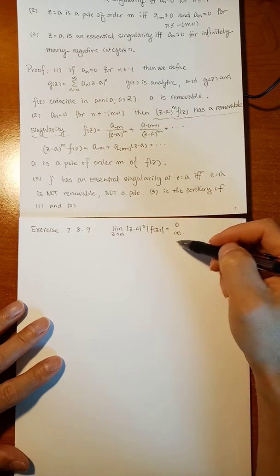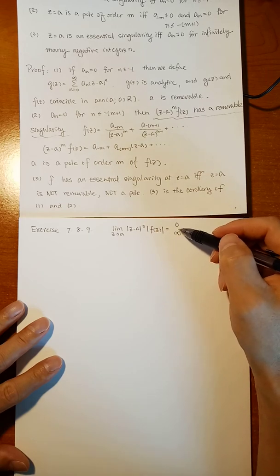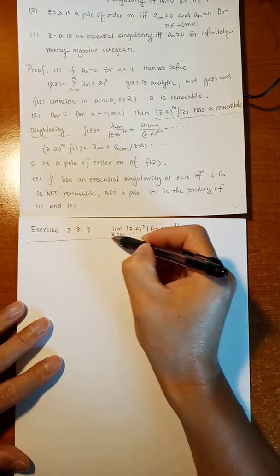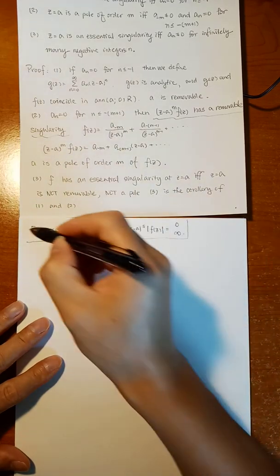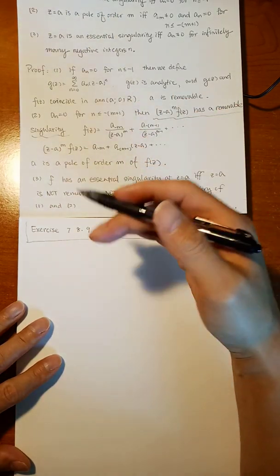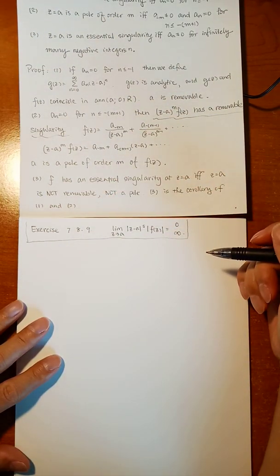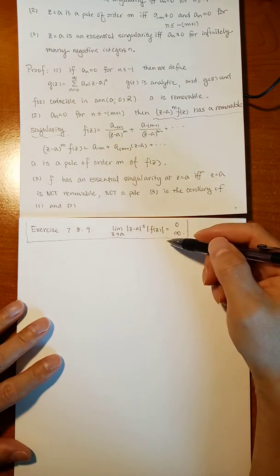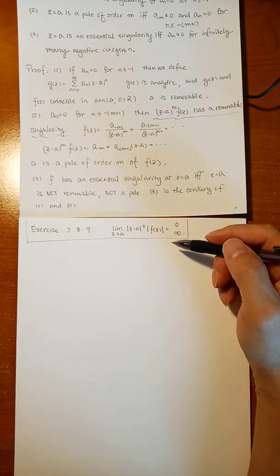So you are going to check, if you're interested, how to work out exercise 7, 8, and 9. You work in order because one depends on the previous one. All right, so it's not too bad.